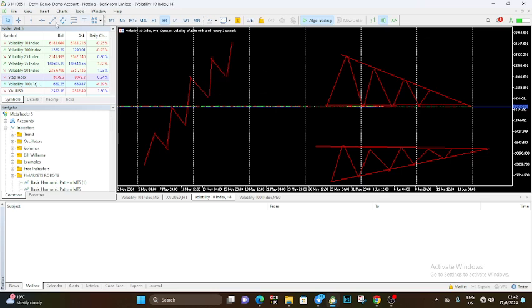Okay, fine, the market will start to do something like this. This is what we call a descending triangle. This is the reason why so many people fail or lose in the market, because they quickly trade without analyzing or without knowing a lot of things.